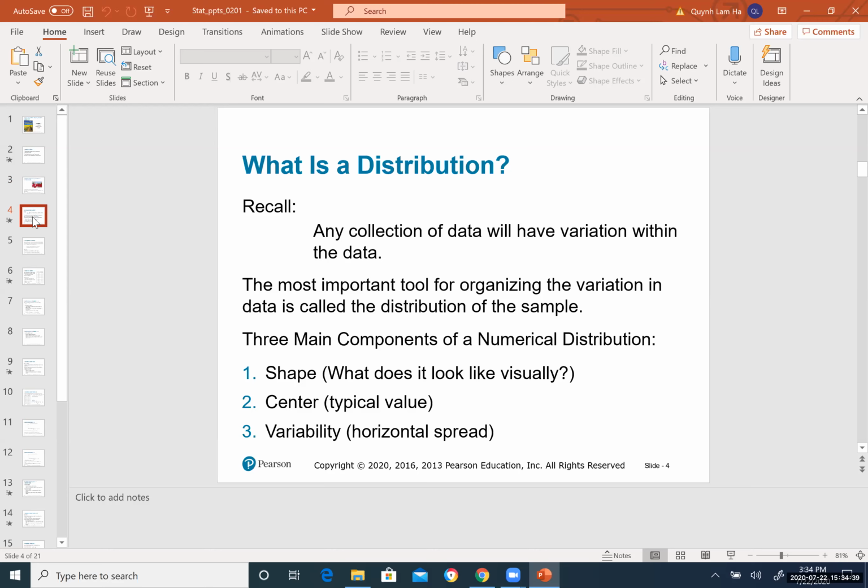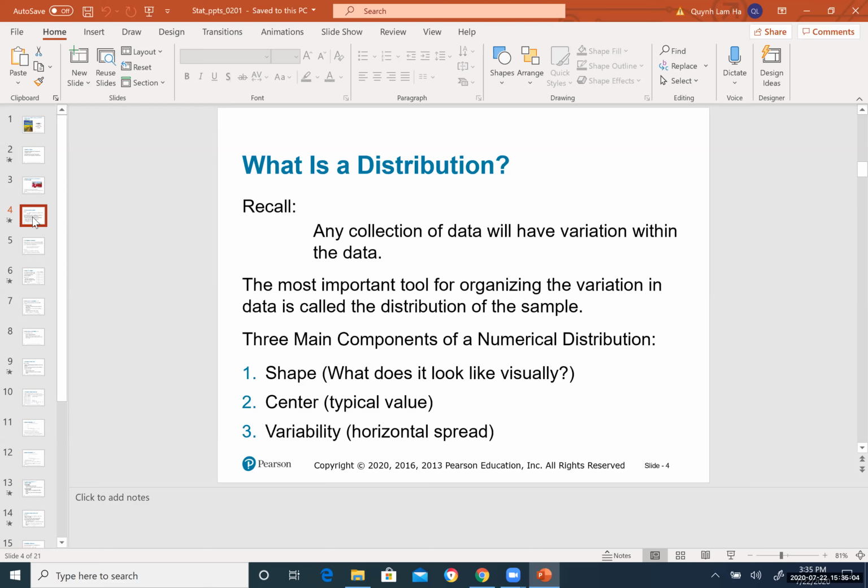So what is a distribution? I told you a bit about distribution already, but right here is more detail about what a distribution actually is. Any collection of data will have variation within the data.